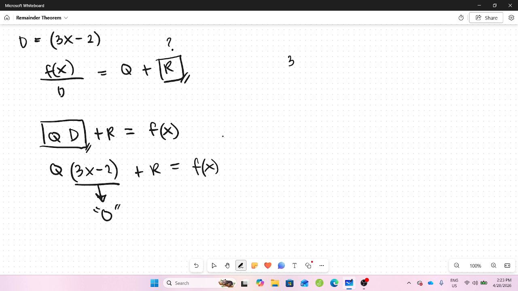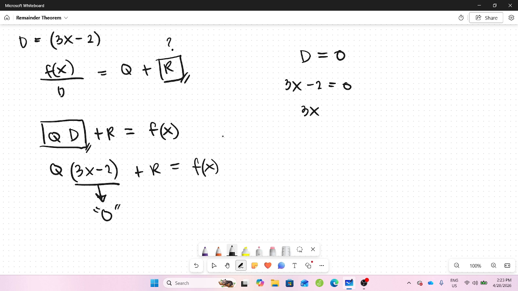So, okay, let me write that one. We want to make sure that the divisor ends up to 0. So how do we do that? So we get the value of the divisor, which is 3x minus 2 equals 0.